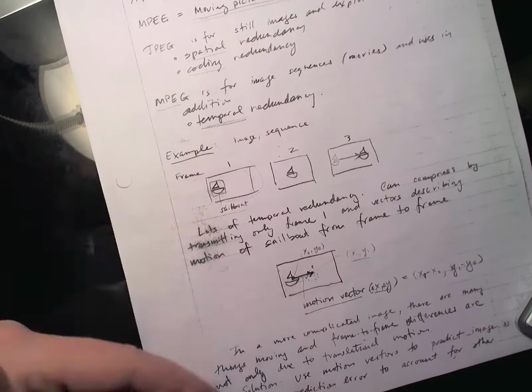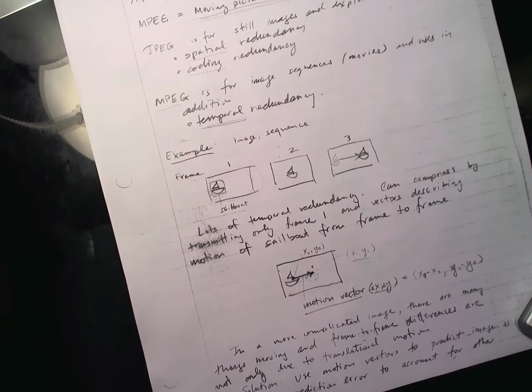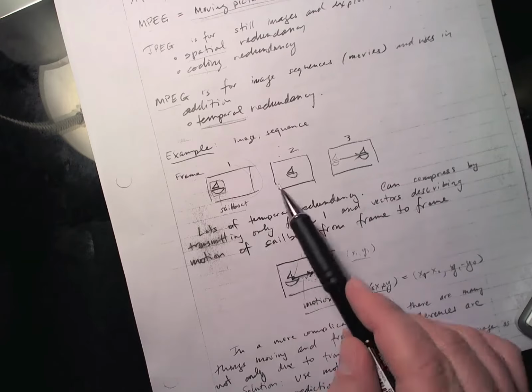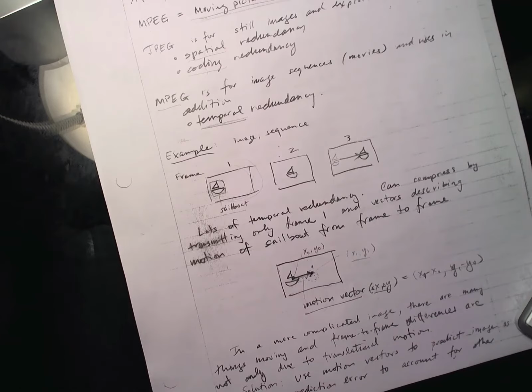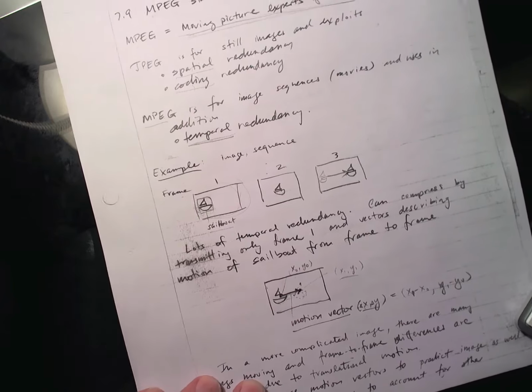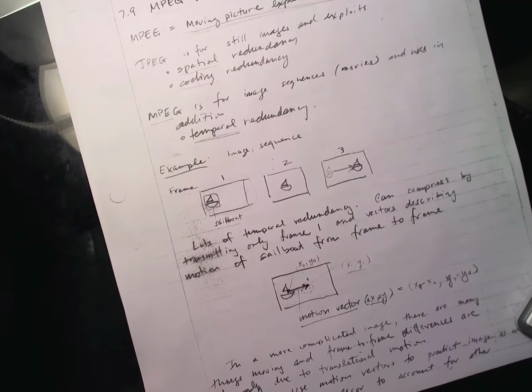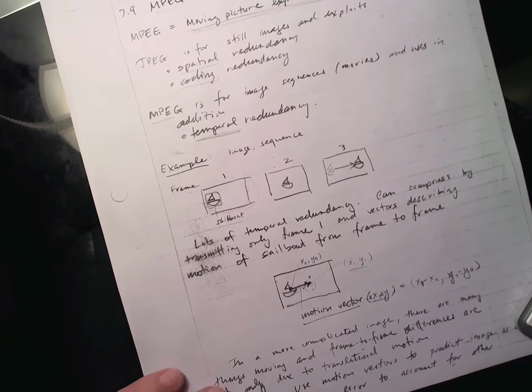Okay, now I was trying to give you an intuition, so I made it sound really simple. You know, I have a boat, it moves around, I just tell you X, Y. Well, real videos are not so simple, right? Because even if I would have very simple motion, you can see that there are other changes happening.